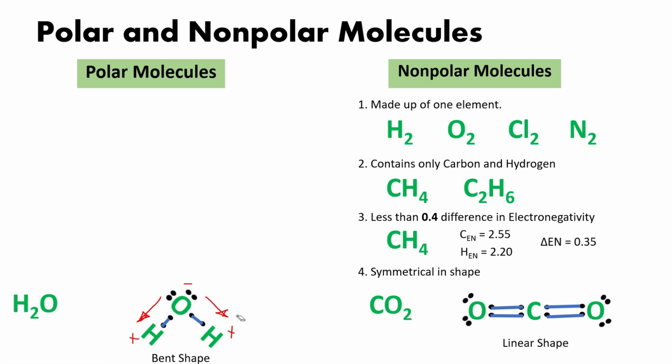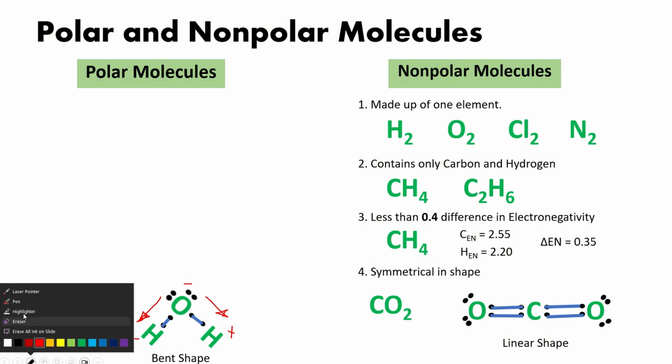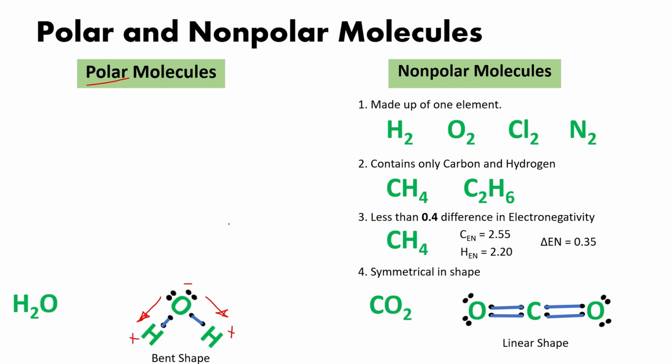So the two arrows are not going in opposite directions to each other. That's why they're not canceling out, and we can consider this as a polar molecule. So H2O is a polar molecule because of its shape, which we call asymmetrical in shape. This is one of the things that you need to remember to determine if it is a polar molecule or not.